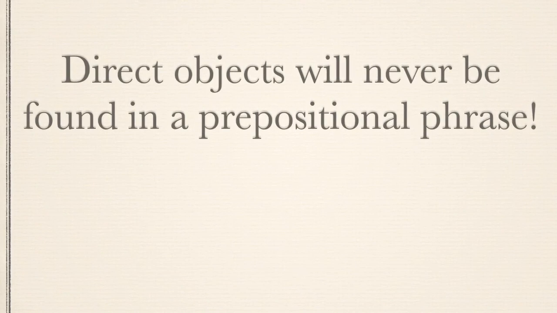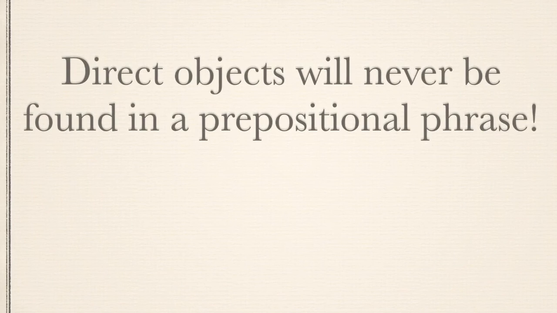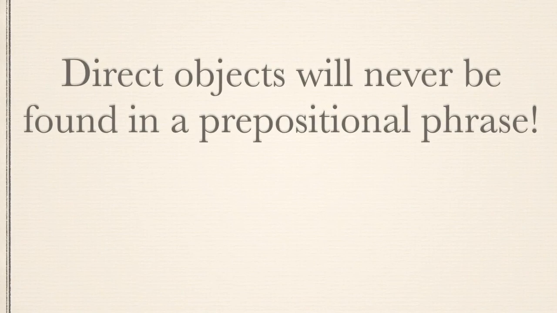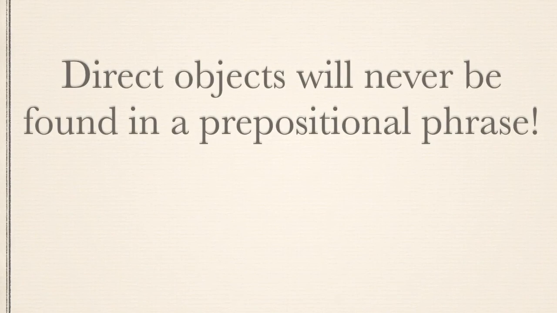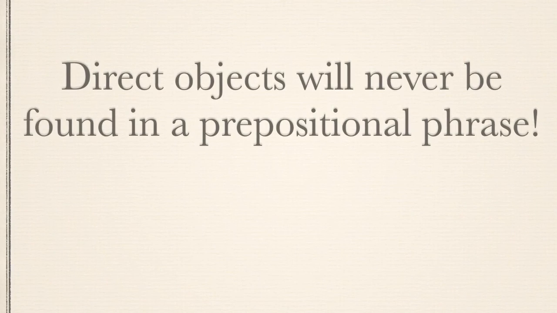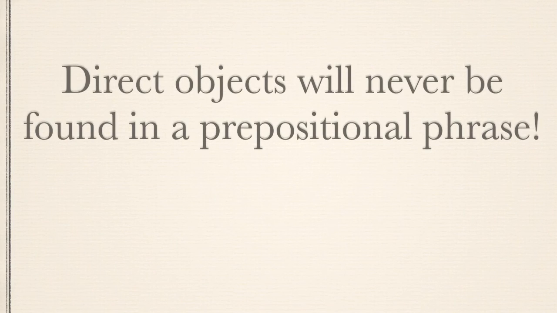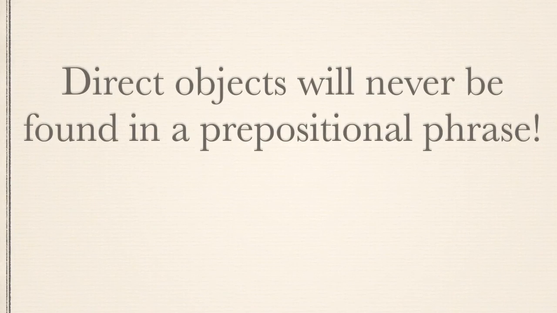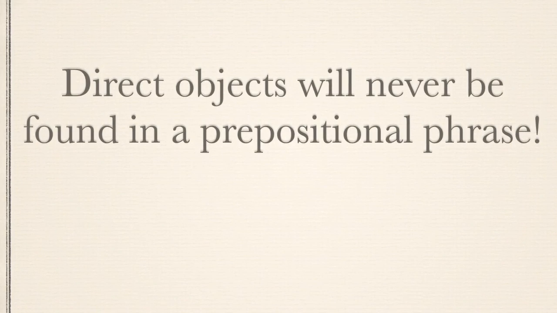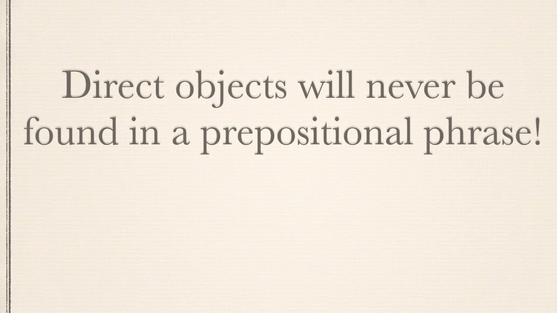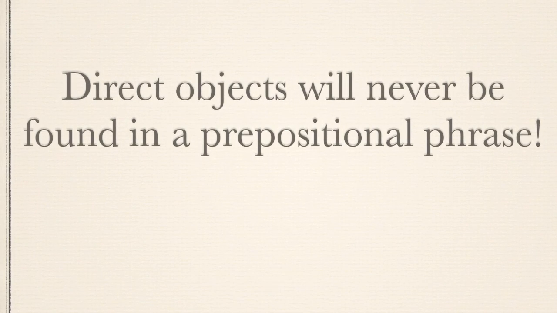So if there is a noun that answers the question who or what, and it's in a prepositional phrase, it most likely is a prepositional phrase that is acting as an adjective. That noun will never be the direct object. So make sure you remember that direct objects will never be found in a prepositional phrase.